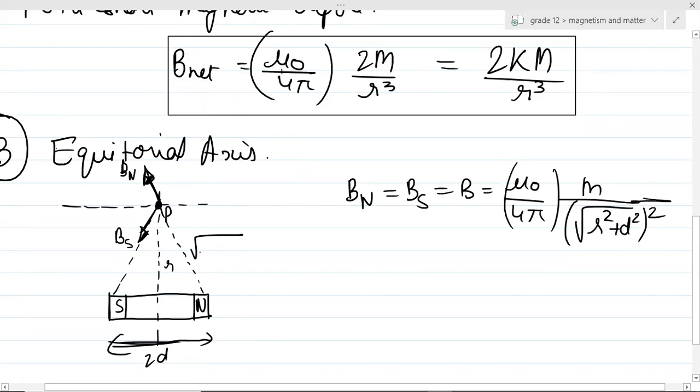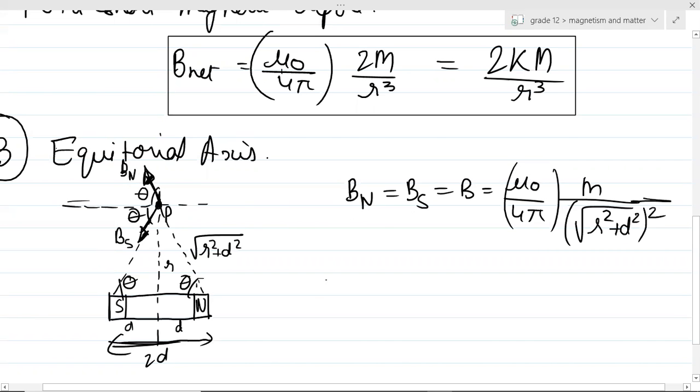Yes or no, guys? Will this distance be r square plus d square? Yes. And will this be d and d? So that's why. And if I say this angle is theta, this angle is also theta, so this is also theta. What do we call it? Alternate interior angles, and this will be corresponding.